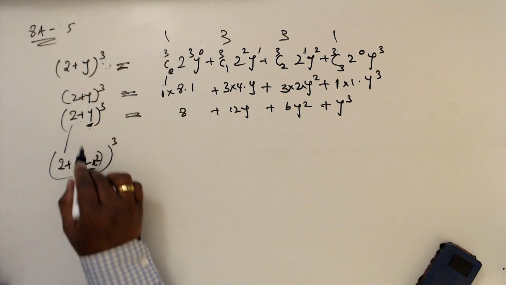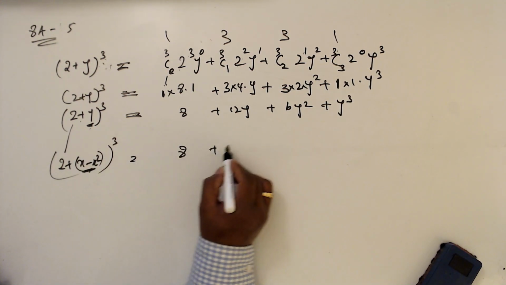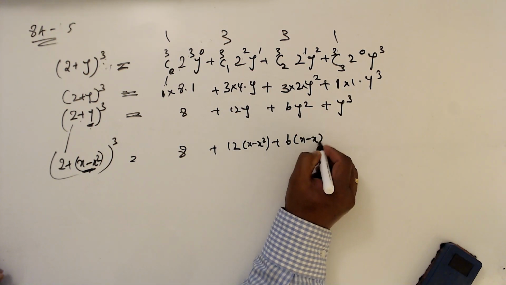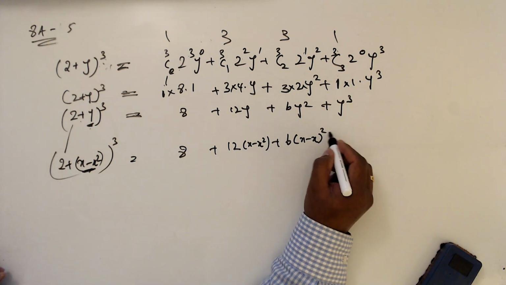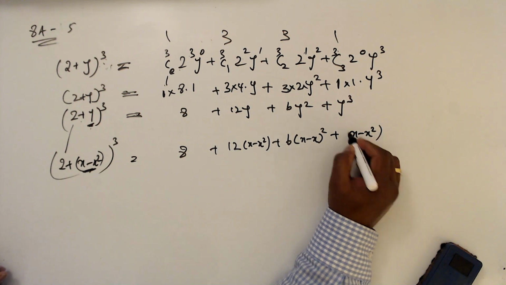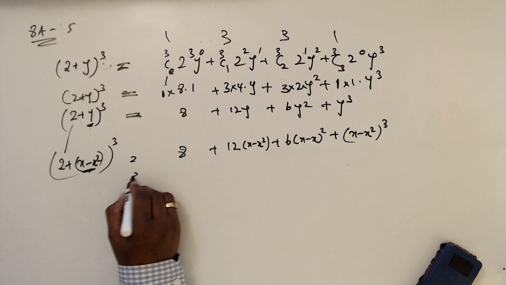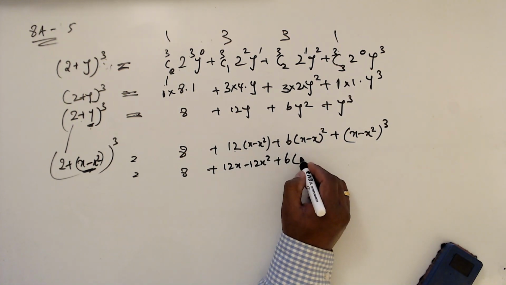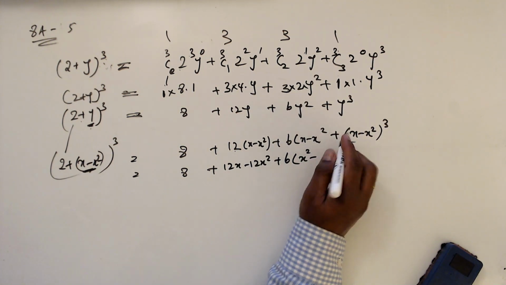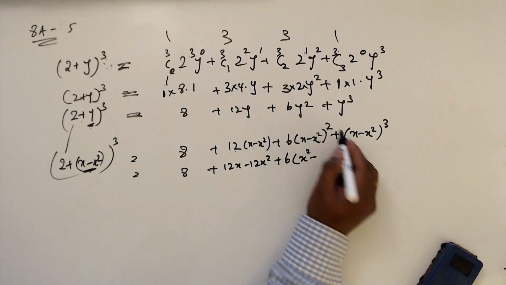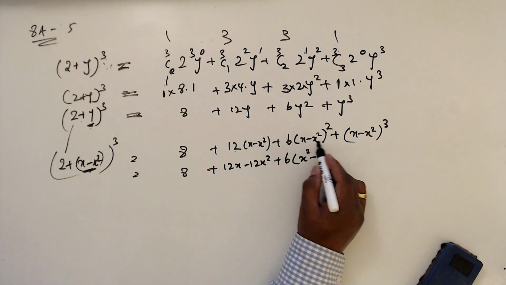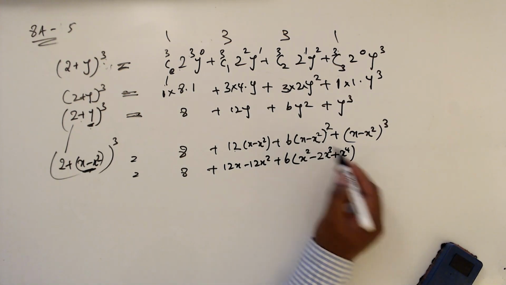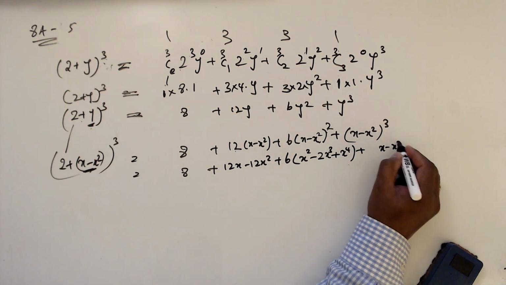Every place where you see y you can replace it with x minus x squared: 8, 12 times (x minus x squared), then 6 times (x minus x squared) squared, and this is (x minus x squared) cubed.